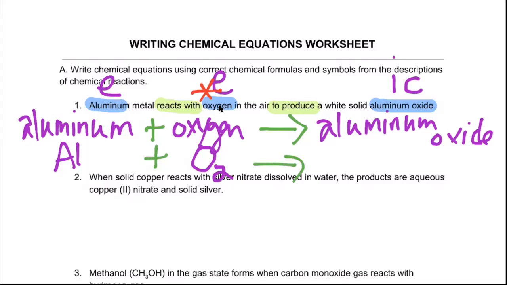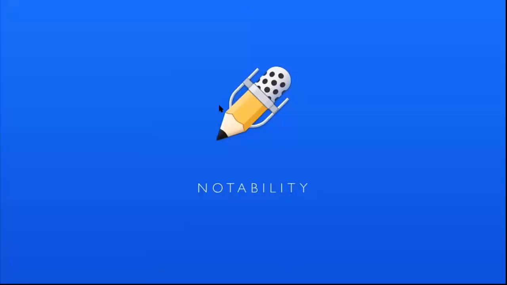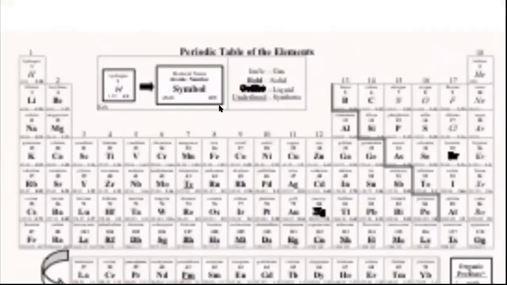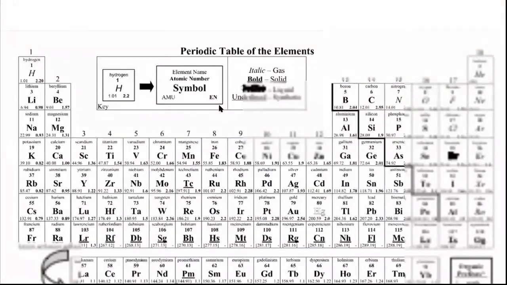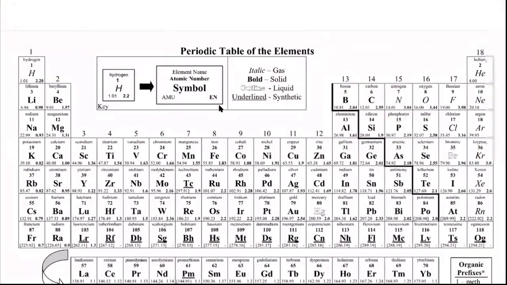So when I need to write the formula for aluminum oxide, I need to know, aluminum and oxygen on the periodic table, what charges do they have based on their location? If you need to, go to your reference chart to look at your periodic table. Remember, we talked about the fact that group 1 is +1, group 2 is +2, and then we skip all the transition metals.